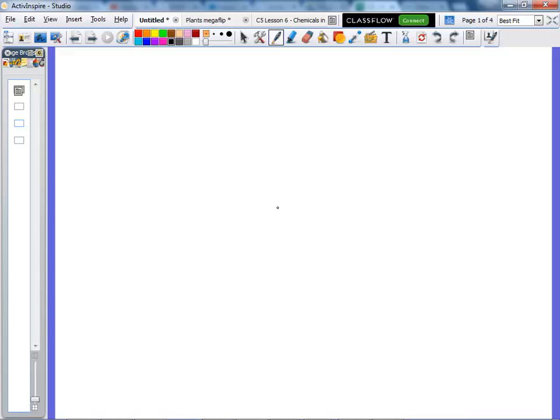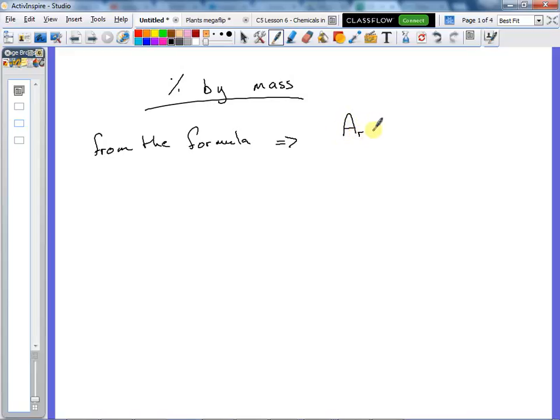If we are looking at the percent by mass, then from the formula we need to know what the AR total is, divided by the MR, times by 100%.